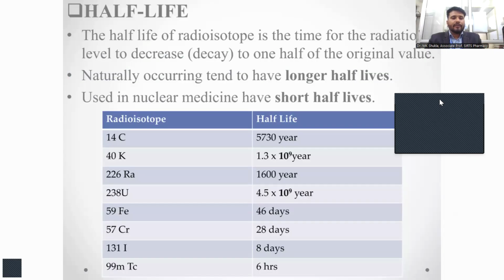We also categorize different radioisotopes by their half-lives. Carbon-14 has a half-life of 5,730 years, whereas potassium-40 has a half-life of 1.3 x 10^9 years. Radium-226 has a half-life of 1600 years. Uranium-238 has a half-life of 4.5 x 10^9 years, whereas iron-59 has 46 days.